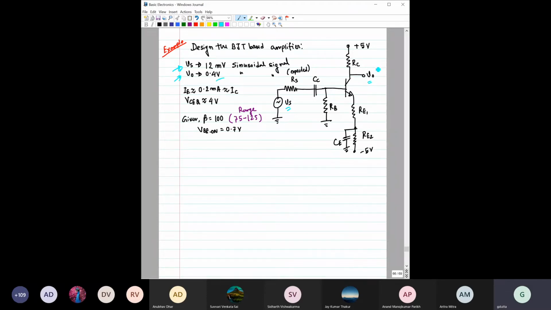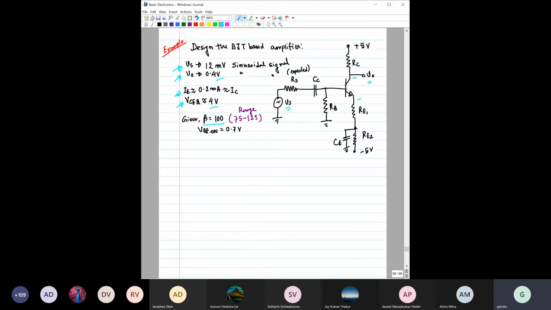We are expecting one IE, and IE can be approximated to IC because the base current is very negligible if the beta value is quite high. Beta is given here as 100, so IE is close to IC, and the required value is around 0.2 milliamps, and VCQ, the DC biasing Q point, is expected to be around 4.